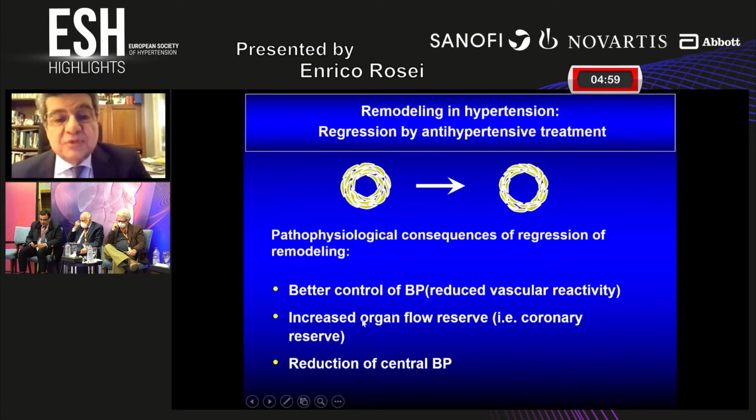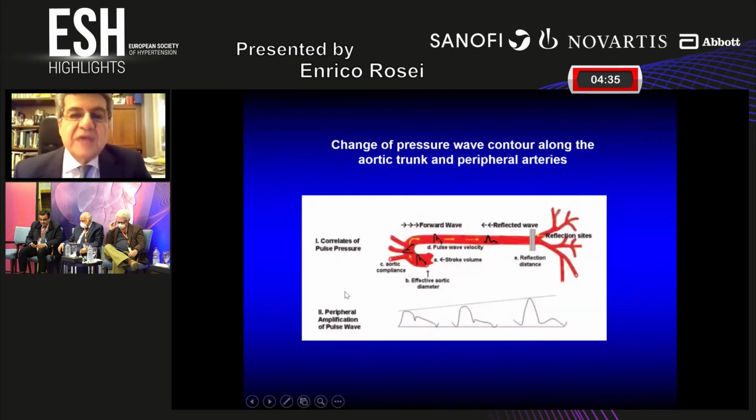We also have demonstration that with this regression there is an increase in organ flow reserve, in particular coronary reserve. And finally, there is a reduction of central blood pressure. Why is it? Because there is a crosstalk between the microcirculation and the macrocirculation. In fact, central blood pressure, as you know, is the result of the merging of the forward pulse wave and of the reflected wave.